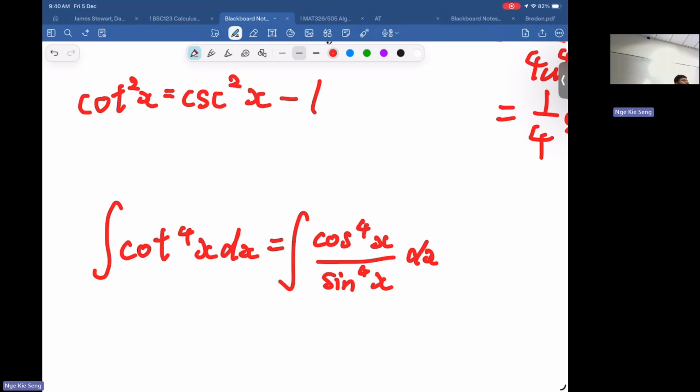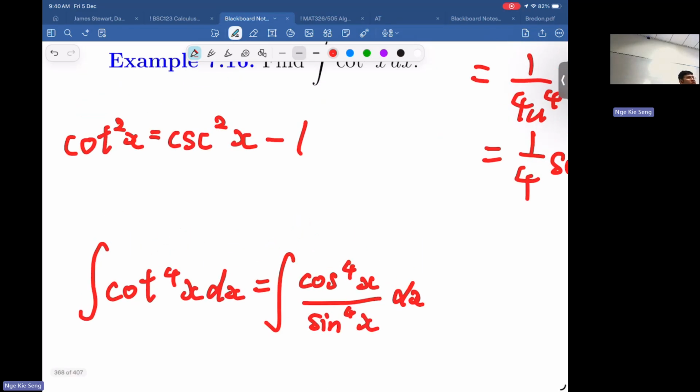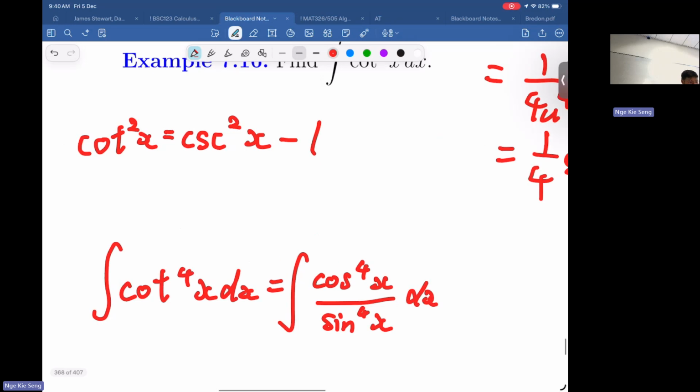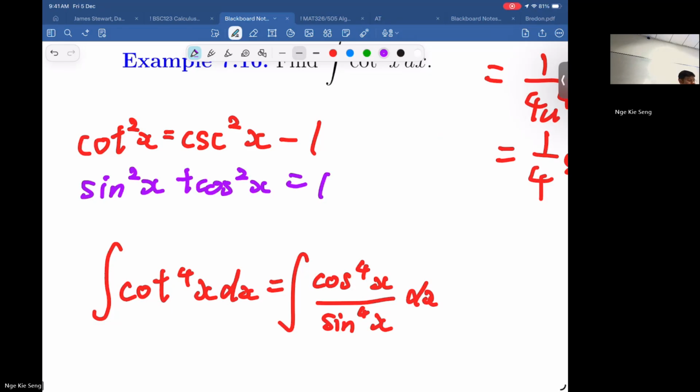Everyone know how to get this cotangent cosecant relation here? So this is also rooted from sine square x plus cos square x equals to 1. Okay, but you need to divide everything by sine square.